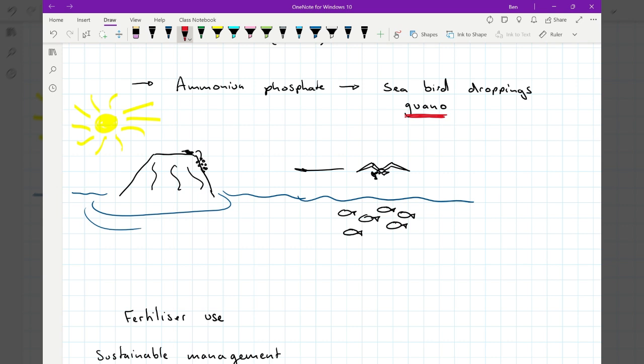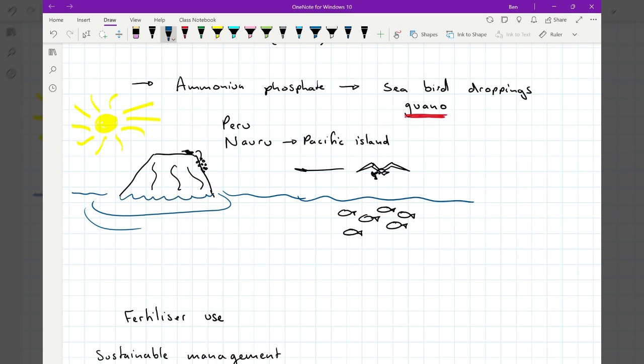And these deposits are found in places like Peru and tropical islands such as Nauru, which is in the Pacific. Both of these have hot, relatively dry climates, so the ammonium phosphate does not get washed back into the sea.